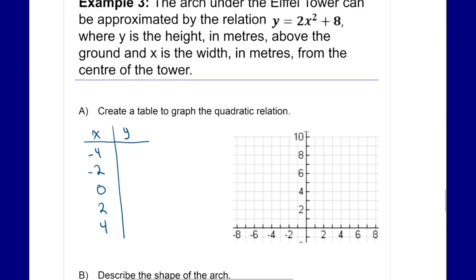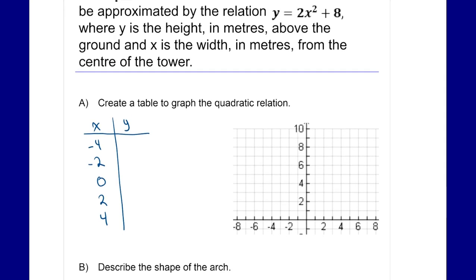However we choose, whatever values we choose to use is fine. I would say you want an equal number on either side of the 0, because we're talking about the center being at 0 and then left and right, negative and positive. So similar to the last one, we have our equation up here. We are going to plug our x values into this equation and solve.